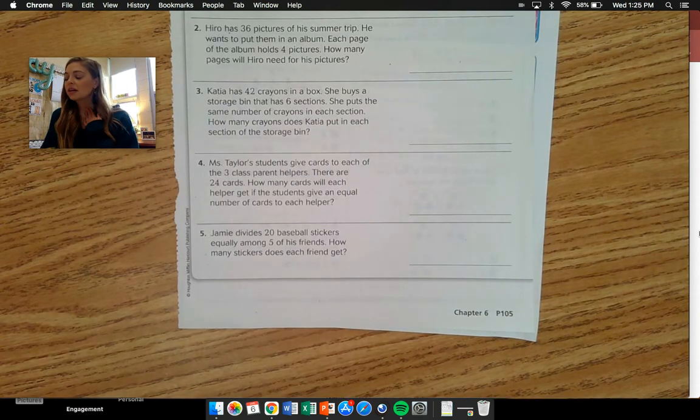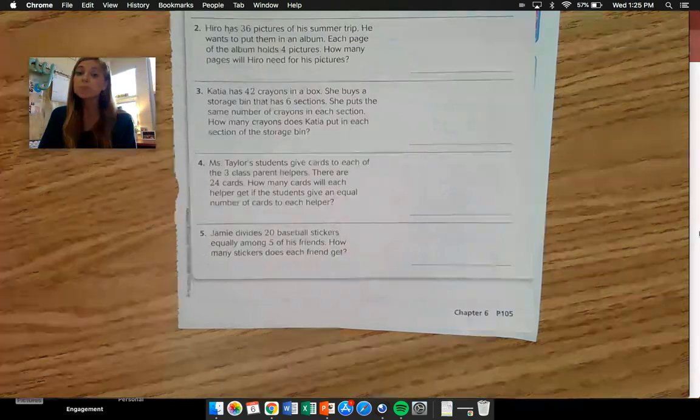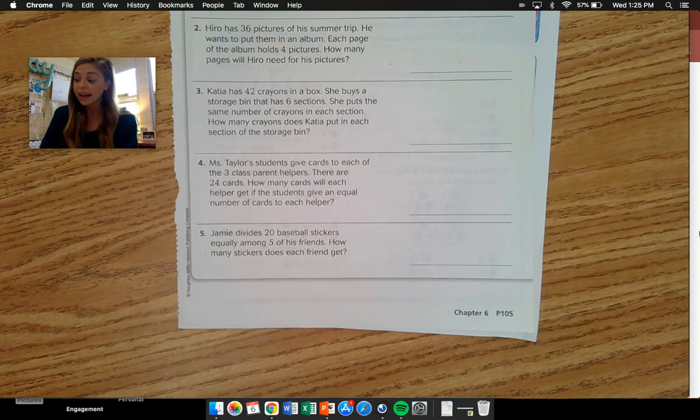So it says he has 36 pictures of his summer trip. He wants to put them in an album. Each page of the album holds 4 pictures. We don't know how many pages he needs, but we know that on each page there are 4 pictures. So I'm going to draw groups of 4 until I get to 36.